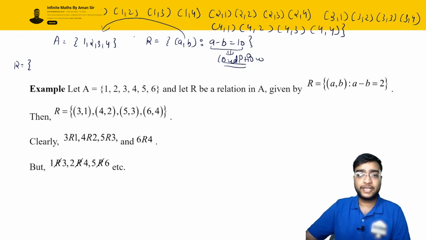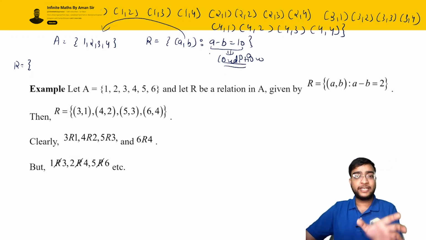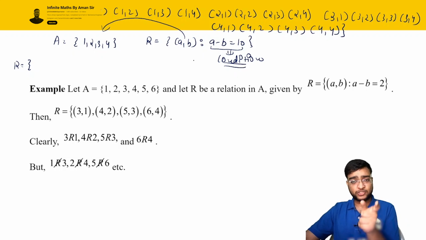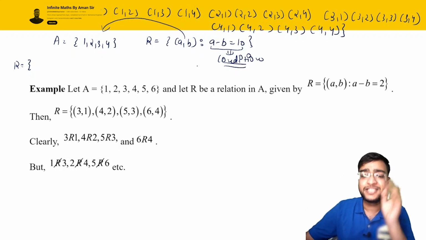Okay, let's see if I take this condition, I'm taking all those elements by taking a minus b. By taking these elements, the difference should be 10 only. Is this possible here?